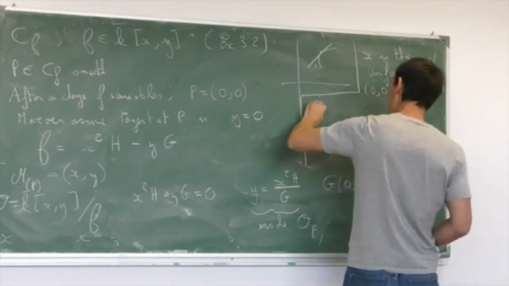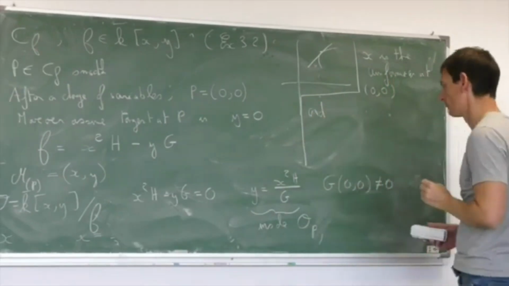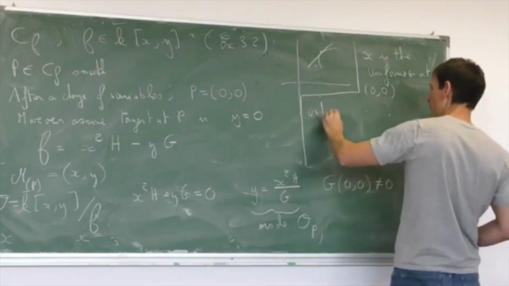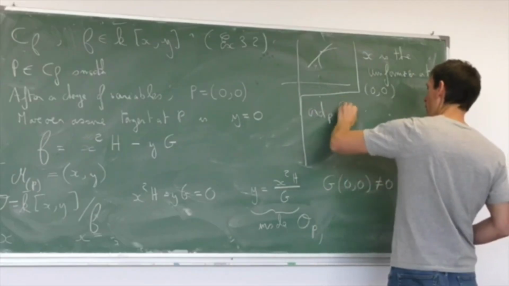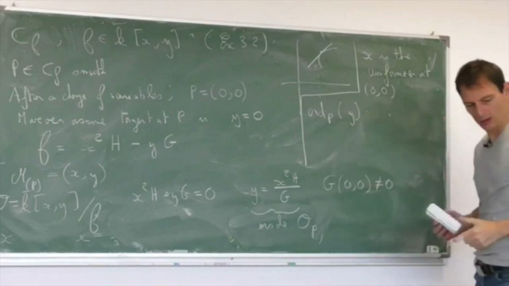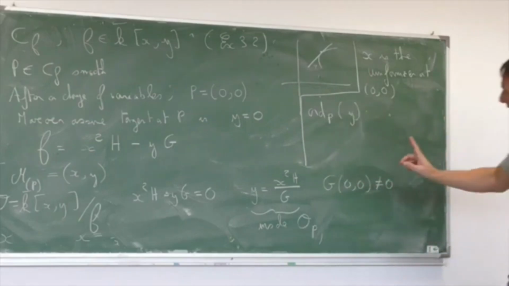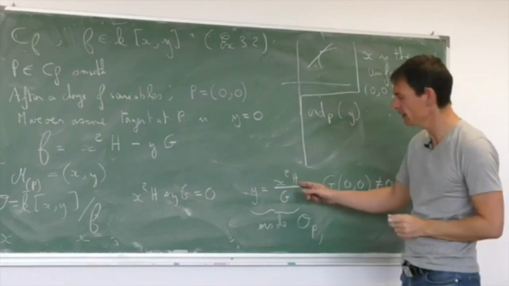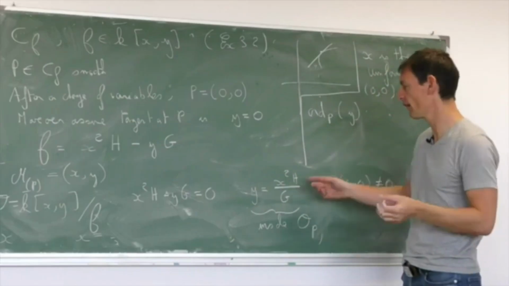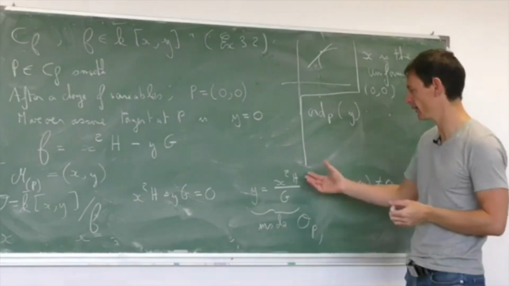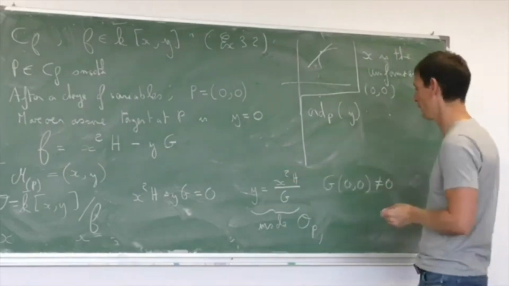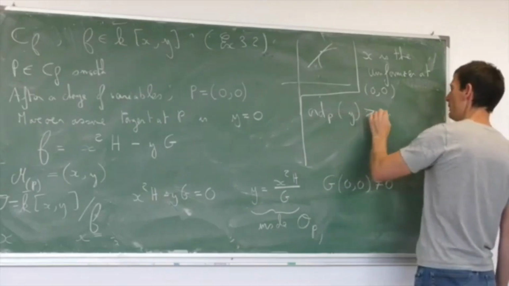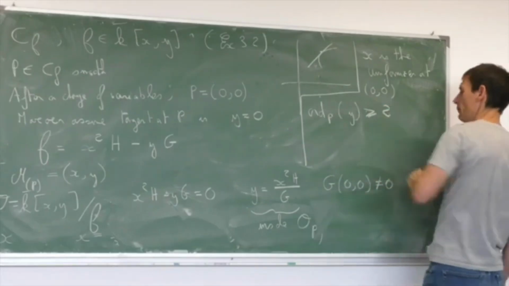And what I have proved as well is that the order at P, so at 0, 0, of y is at least 2. Because I have a 2 here, but maybe in my h, I could also get out another power of x. So the order at P of y is greater or equal to 2.